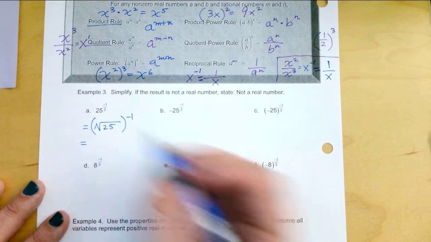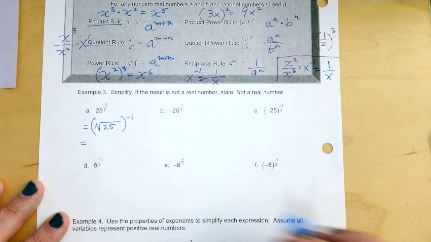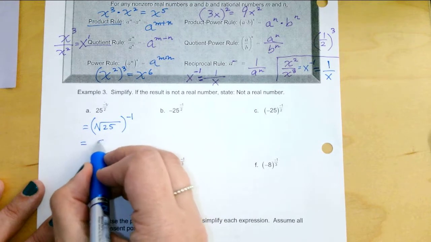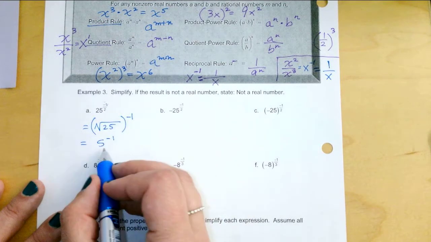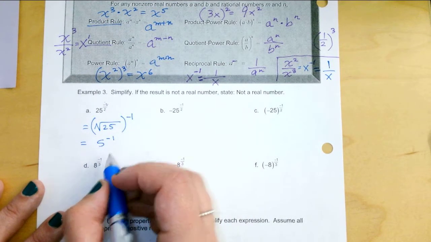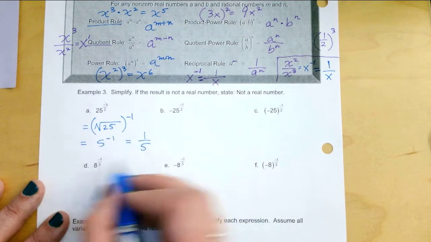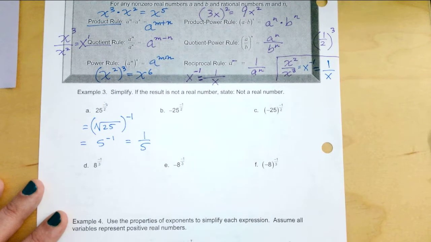Where from that am I getting the square root from? What about that expression says I want the square root? Yes, the half. Okay, so that's 5 to the negative 1 power. What does the negative 1 power do? 1 over 5. And I would normally line it up vertically, but I ran out of room, so I'm writing it off to the side.